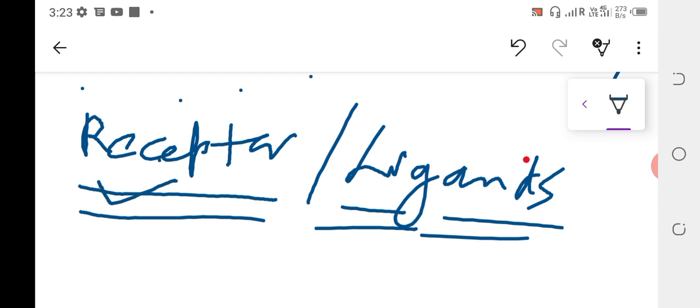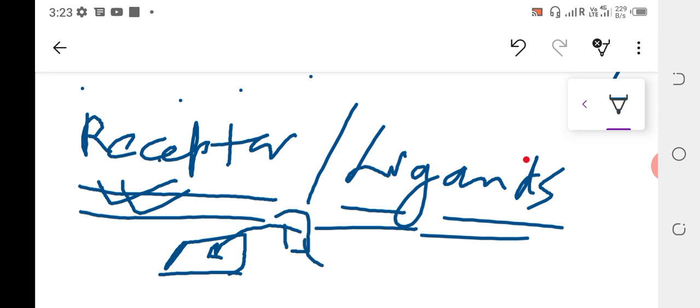When you hear the word receptor, remember that when you go to an airport, there is a reception. Reception is an area from where you pick up your documents and your ticket and go to the aeroplane to fly somewhere, right?